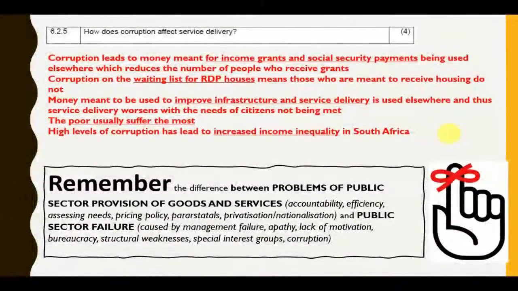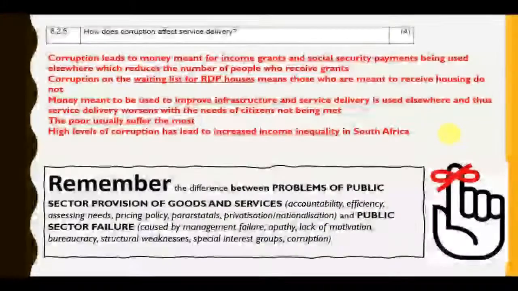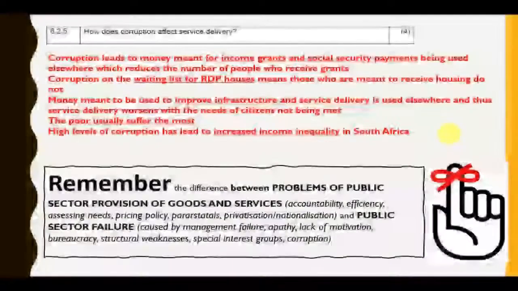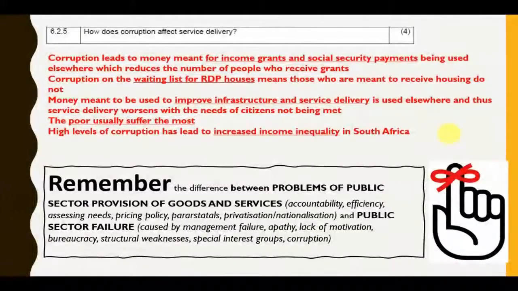Guys, those are two separate topics. So when you get a question about the public sector, please make sure that you read it very, very carefully so that you understand exactly what is being asked and what they want you to talk about.